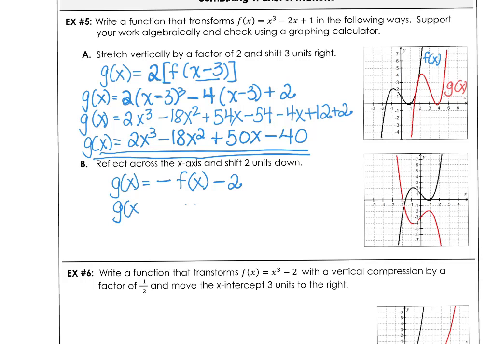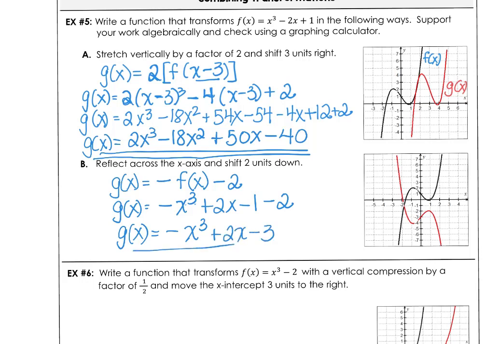So g of x is going to be negative x cubed plus 2x minus 1, and then subtracting 2. So this one was a little simpler than the a term. Negative x cubed plus 2x minus 3. So there's my algebraic support.